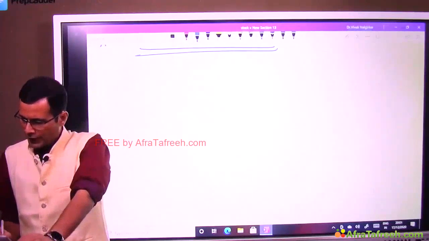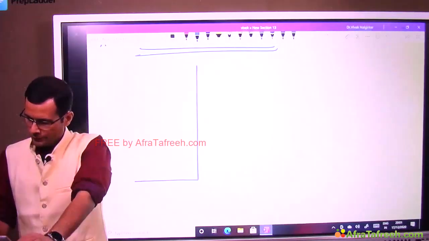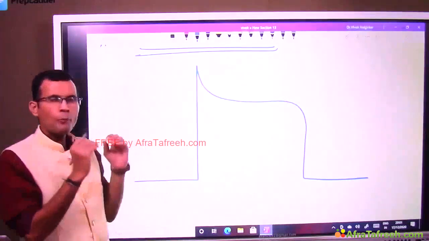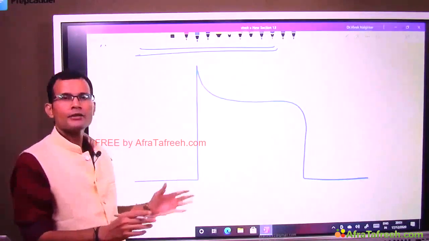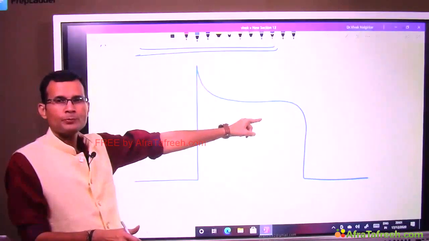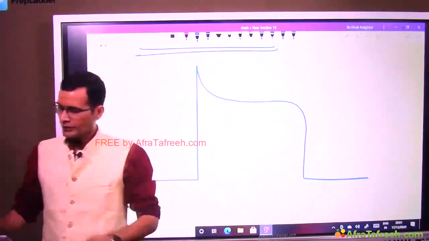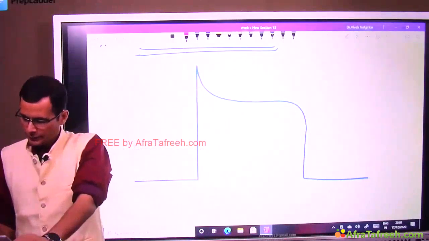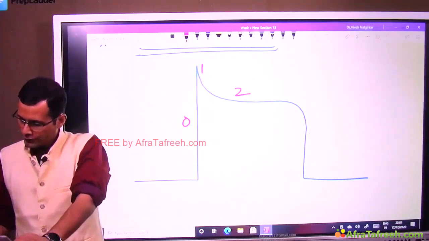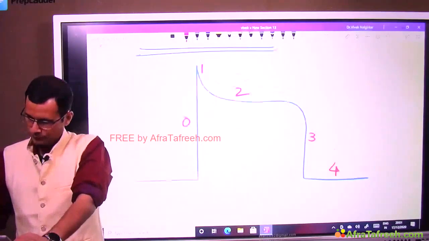So Purkinje fiber action potential, what is the most obvious thing that is different in this graph? The plateau. Correct? Yes. Let's understand this. Phase 0, phase 1, phase 2, phase 3 and phase 4.